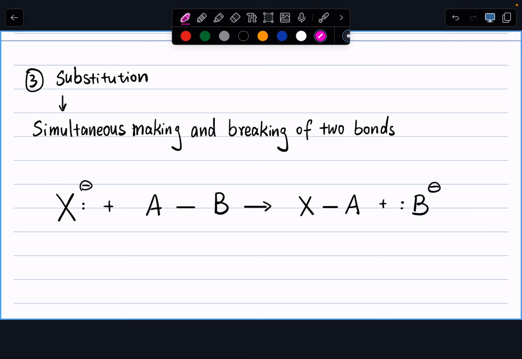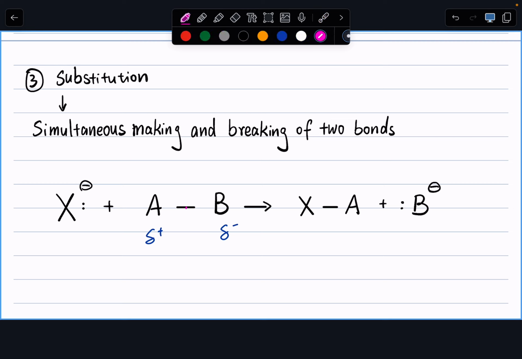I'm giving you that B is more electronegative than A. So how do you use arrow pushing to show the movement of electrons in this substitution elementary step? Thinking about it, on the left we have the AB bond.